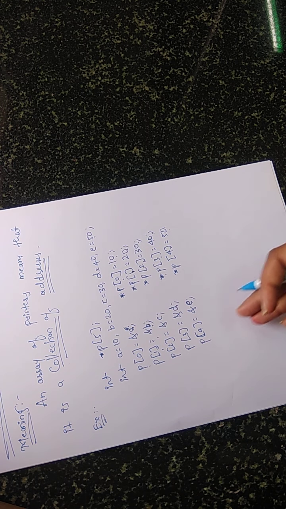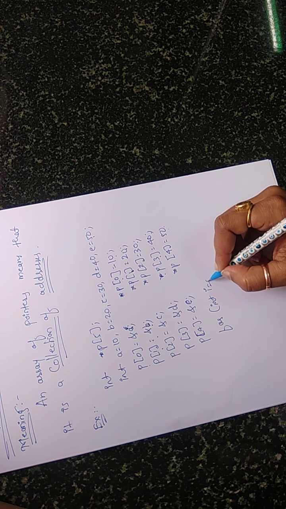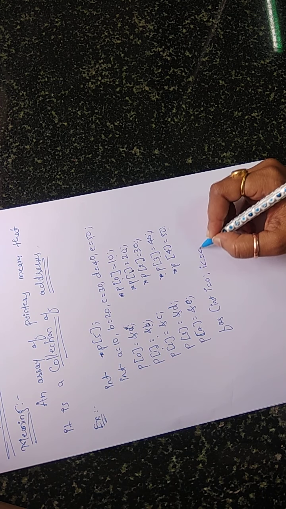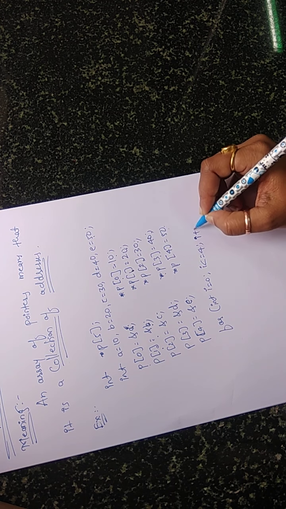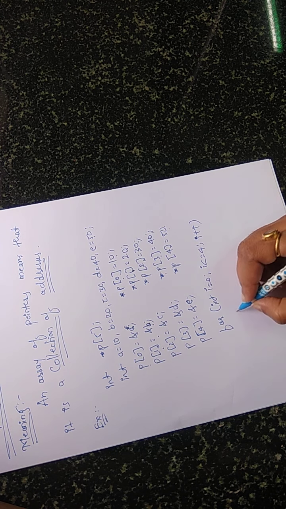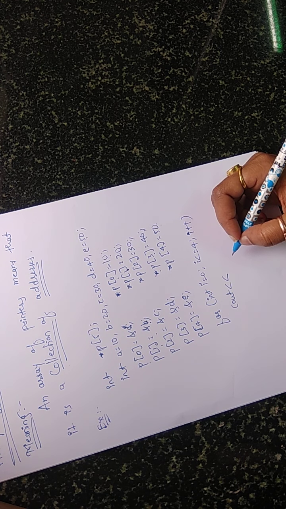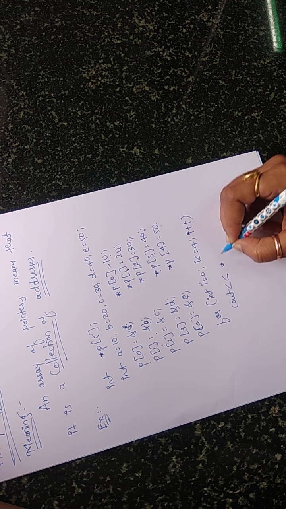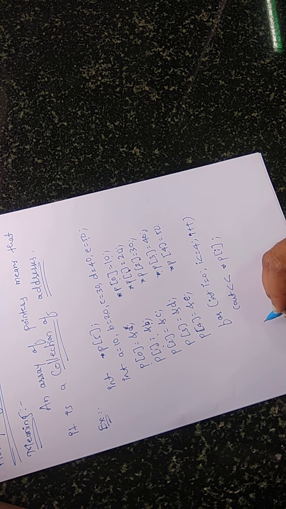In other words, if you want to print the values, you can use a for loop: for int i equals 0, i less than 5, i plus plus, and print using cout asterisk of p of i, and then close it.